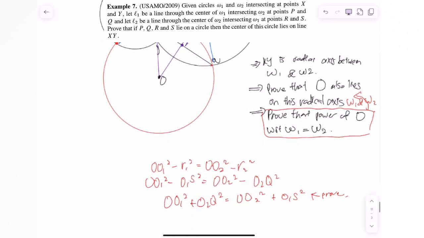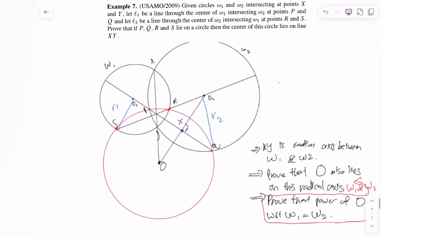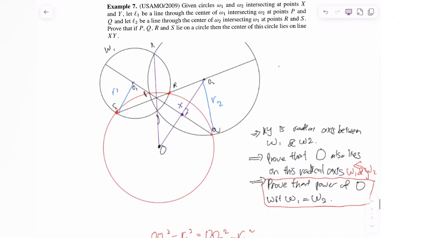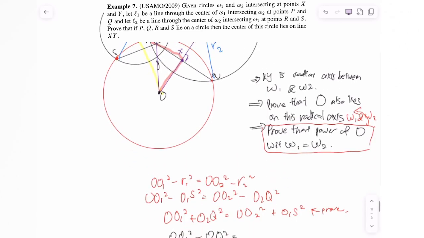Okay, so we'll write that O1 squared minus OQ squared is equal to, O1 squared is just this one. And we apply Pythagorean to this triangle.